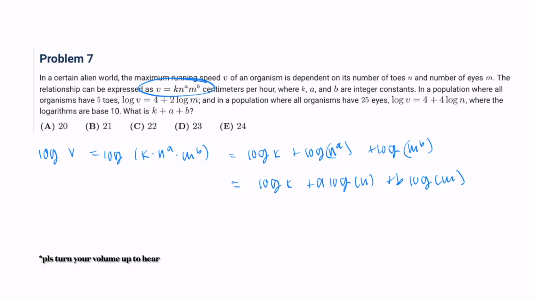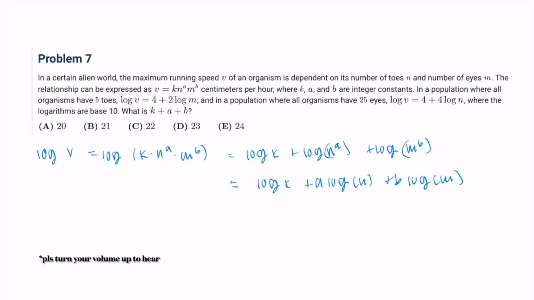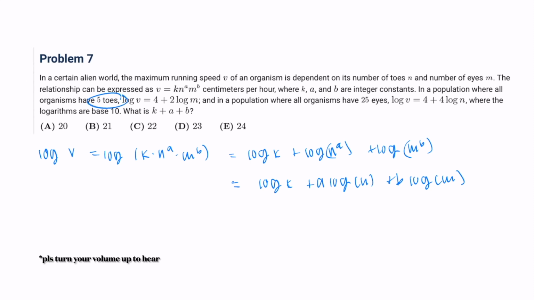So now let's just focus on what happens when all organisms have 5 toes. Then we should have that log k plus a log n plus b log m, that's our equation for log v, is equal to 4 plus 2 log m.